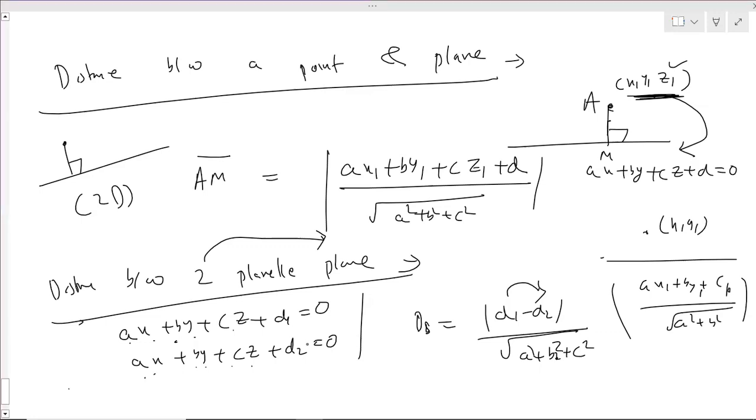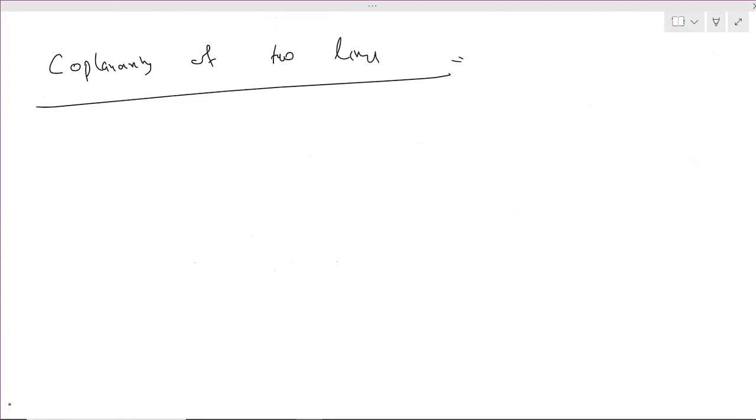Done, sir. And just believe me on this, memorize all the formulas. You will solve at least 1 to 2 questions very easily, comfortably, if you just memorize the formulas. Coplanarity of two lines.